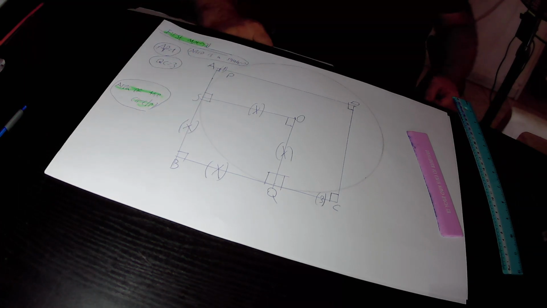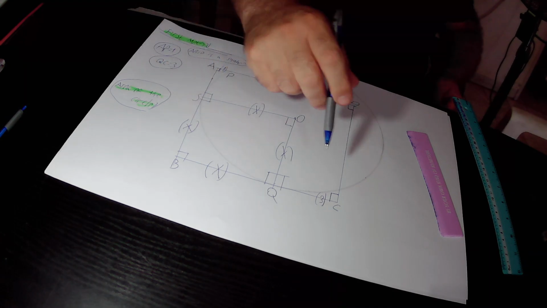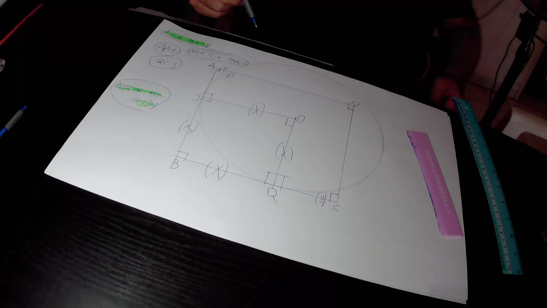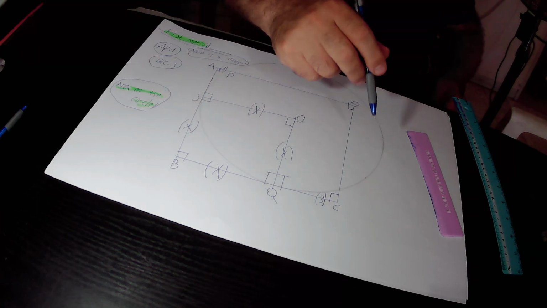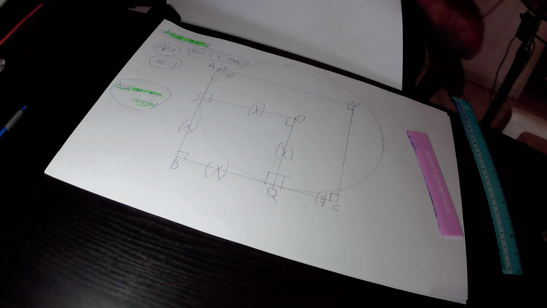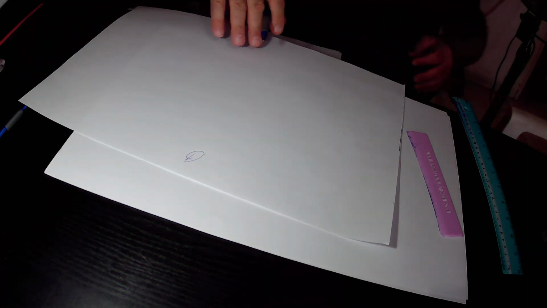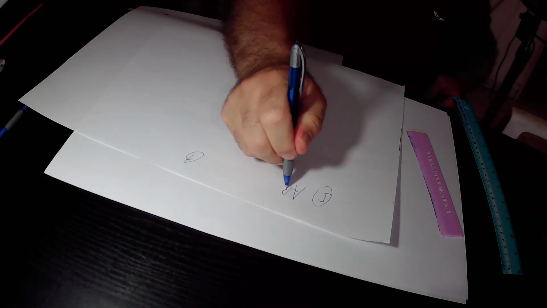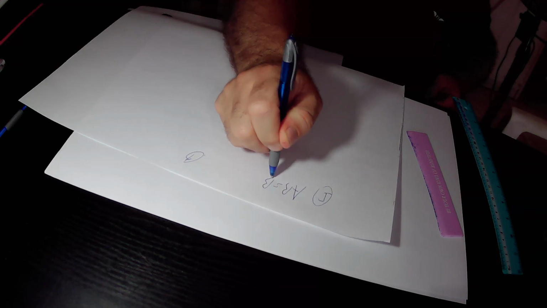We also know that all the sides of any square are equal to each other. That is to say, in square ABCD, side AB equals side BC equals side CD equals side DA. And especially side AB equals side BC.